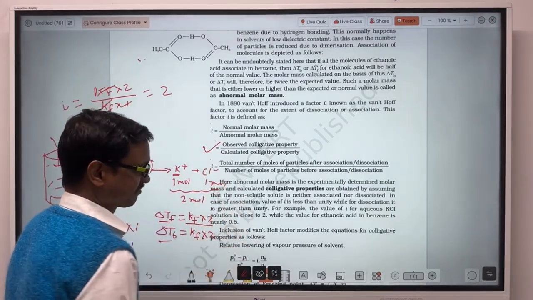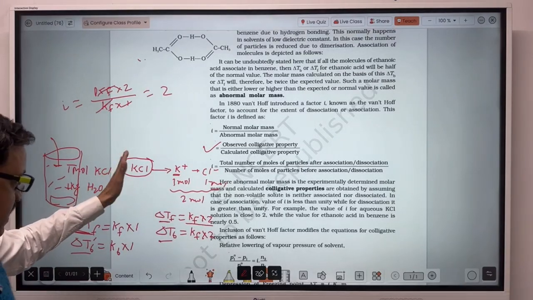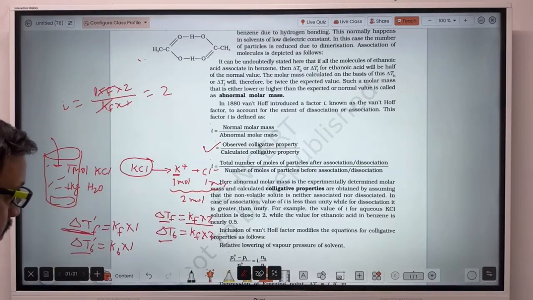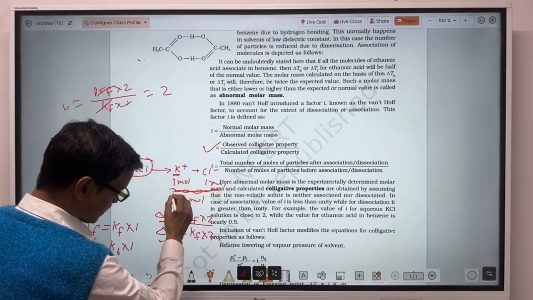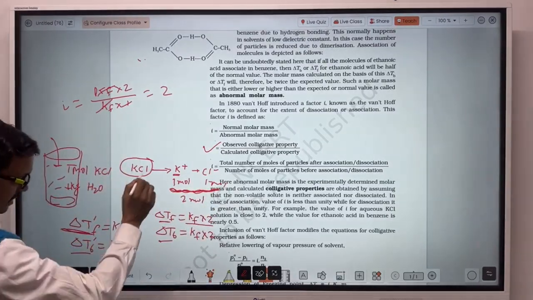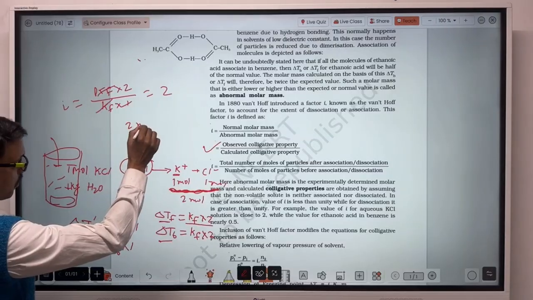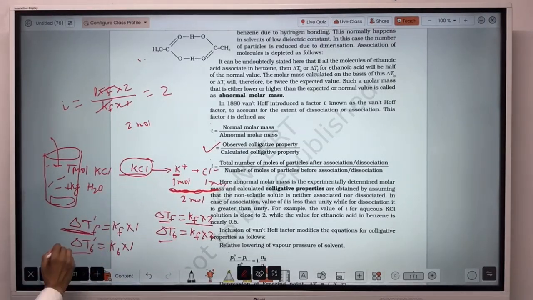The second definition is the total number of moles of particles after association or dissociation. Here one KCl particle has dissociated into 2 particles. After dissociation, the number of particles is 2 moles and before dissociation, the number of particles is 1 mole.